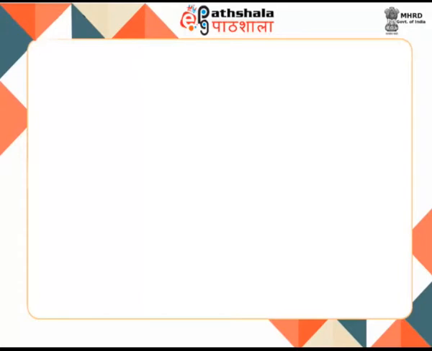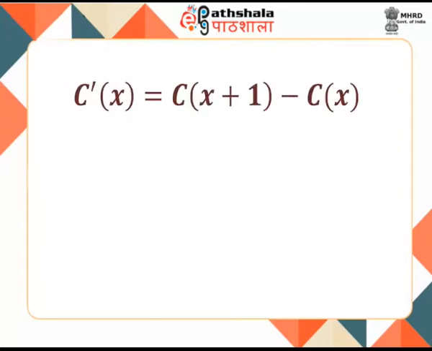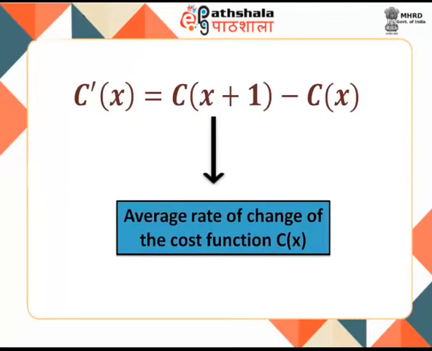Marginal cost is then approximately equal to the incremental cost C of x plus 1 minus C of x, that is the additional cost of producing one more unit of x. This is the average rate of change of the cost function C of x.